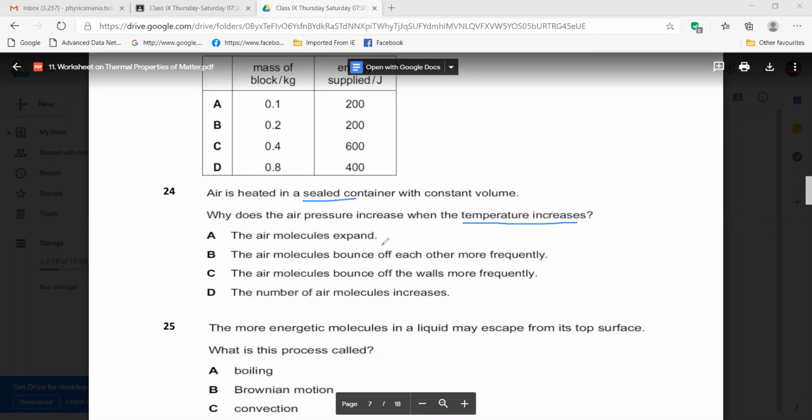So you have to look at this concept. I am repeating, this is the third time in the same worksheet. If the container is not sealed, then we expect you can choose this answer without any help. So now the answer is C, right? Yes, sir.